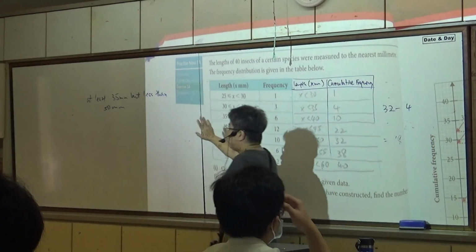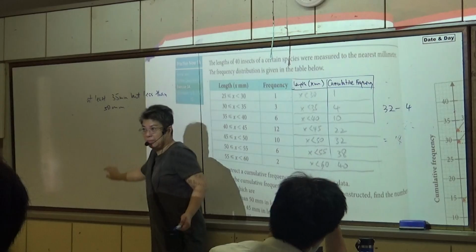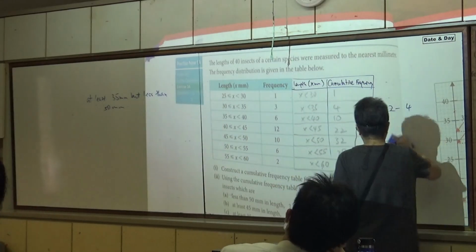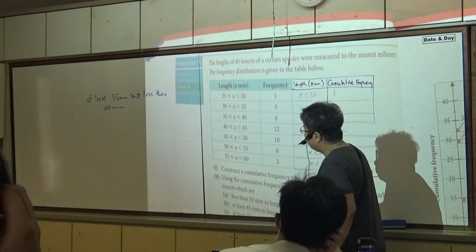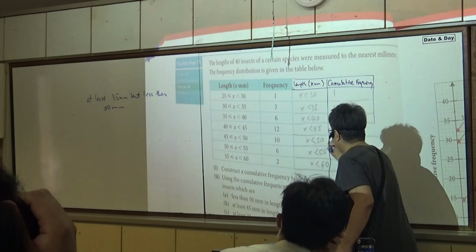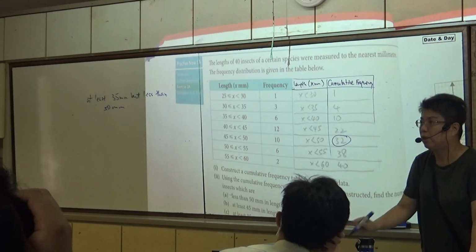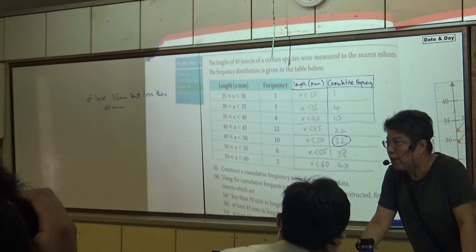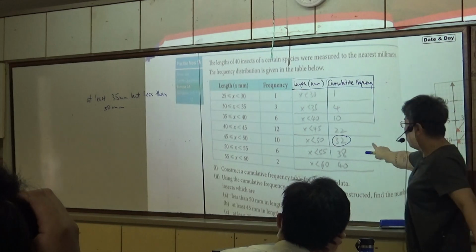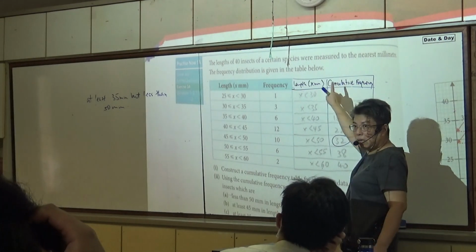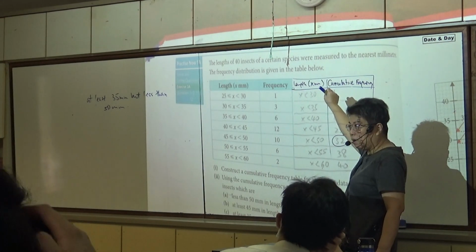I look at less than 50 first. Do you agree 32 of them are less than 50? Correct. That means I take care of the first part already. But do you agree that this one includes everything that's before it? Correct.